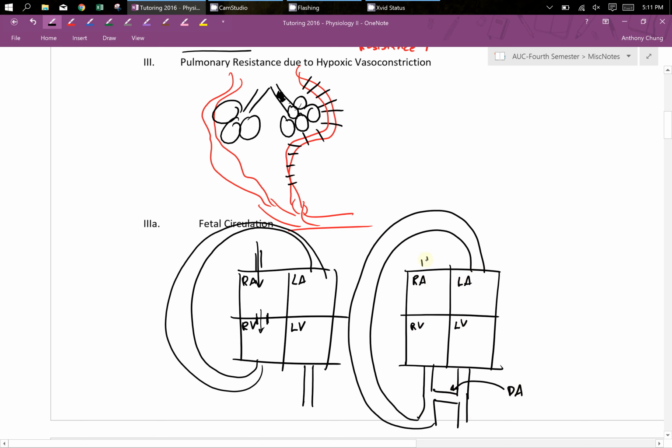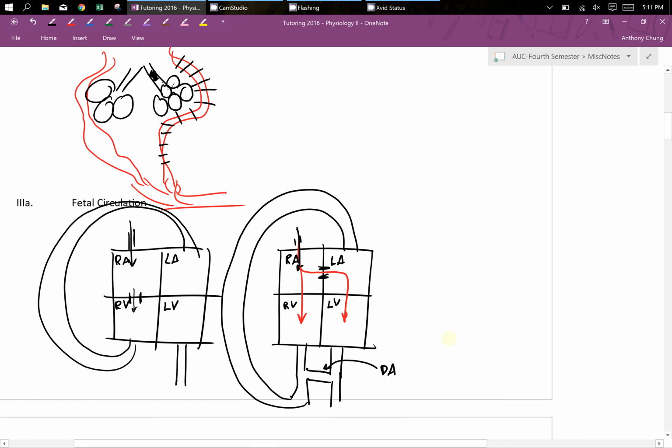So typically, what happens in a baby? In a baby, your blood is going to go into your right atrium, right? You have a foramen ovale between the right atrium and left atrium. Blood will go from your right atrium, goes down, goes to your right ventricle like this. And then what happens after that?